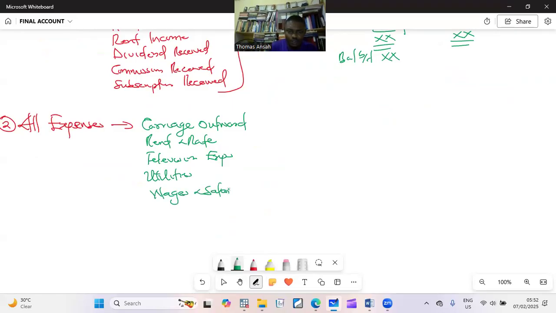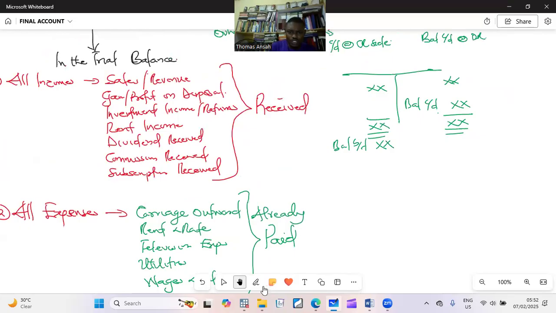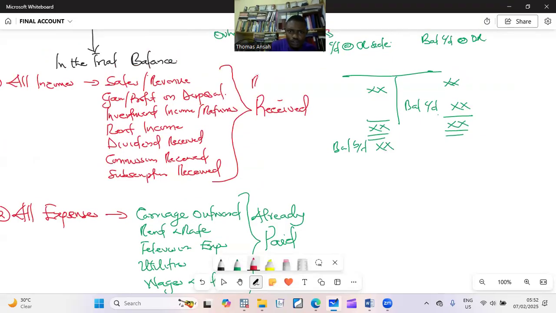Even depreciation, which you don't normally find in the trial balance. But if you find depreciation in the trial balance, depreciation is not an expense we pay. It is a notional expense. You don't pay it to anybody. The expenses you see are already paid, and the incomes are already received. That is what you need to understand.